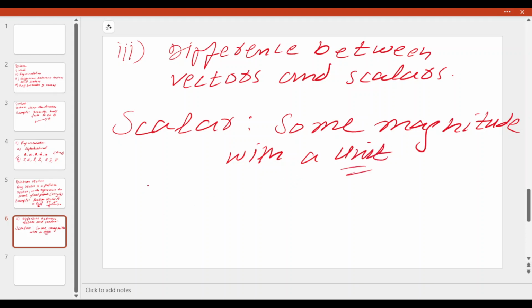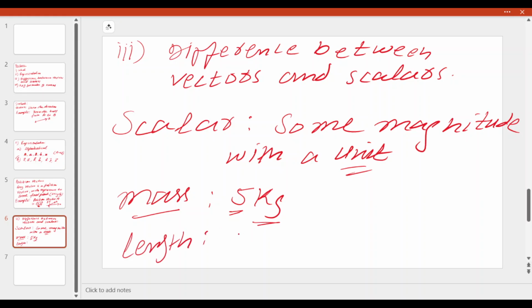Yes, for example, mass is a scalar quantity. It has only magnitude. The amount of particles, for example, let's say 5 kilogram. This 5 is magnitude and this is a unit, that is unit of mass. Length is a scalar quantity. Let's say we say that 16 kilometer. So 16 is a magnitude and this is a unit to that magnitude of the length. Kilometer is a unit.